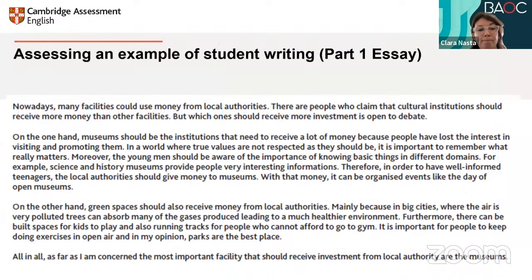And this is an actual piece of writing that I invite you to look at and try to give it a rating in the 4 areas. So take some time to read it in the light of the assessment criteria for C1, and then we will have a look at another piece for B2. Take some time. You may write your guesses on the chat. A mark for content, a mark for communicative achievement, for organization, and for language.